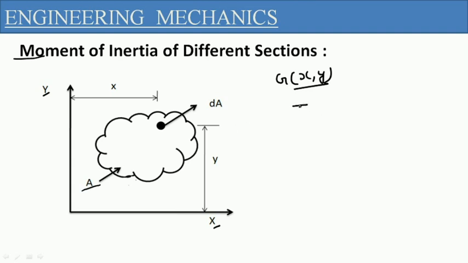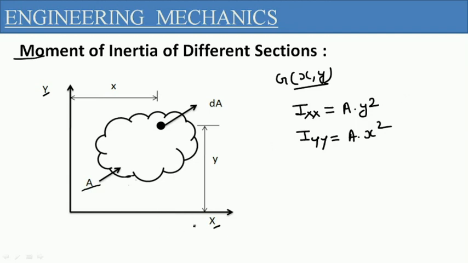And if we want to define the moment of inertia about one axis, for example x-axis, it will be defined as the product of area and square of the perpendicular distance. So from x-axis we have distance y, so it will be A y squared. Similarly, the moment of inertia about y-axis will be the product of area and perpendicular distance, so it will be A x squared.